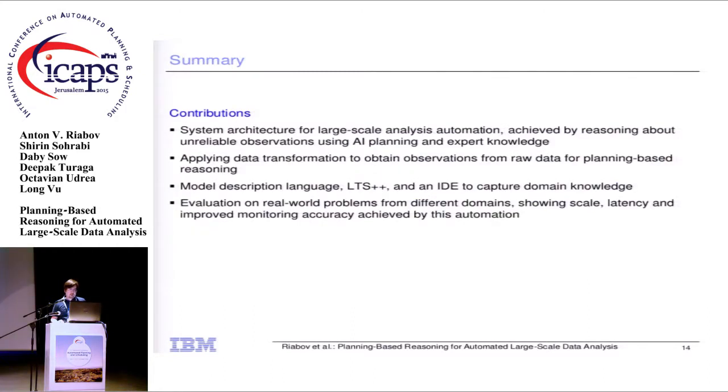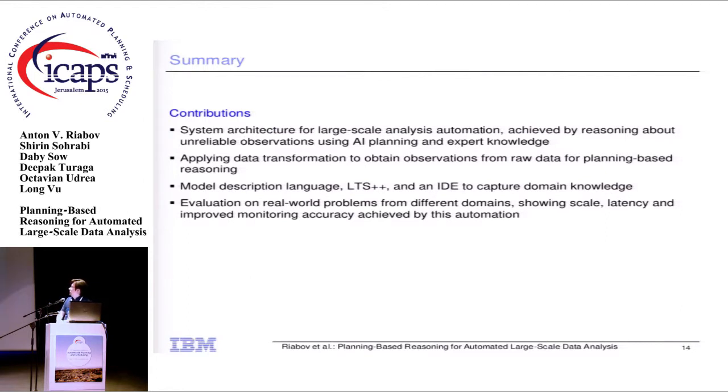So to summarize the contributions of this work, we have developed a system architecture that can be used across domains for large-scale analysis automation. It can reason about unreliable observations, and it uses planning to do that.